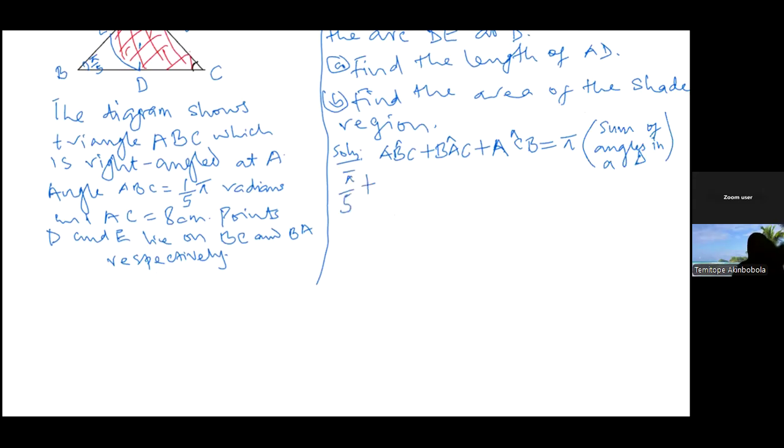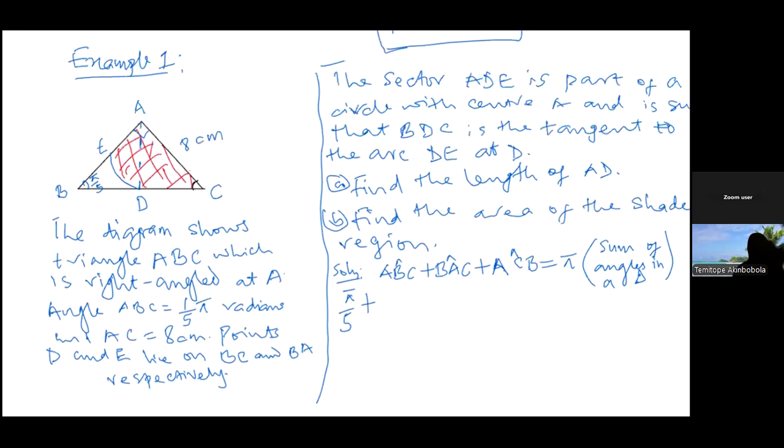From the diagram, you have been told that angle BAC is 90. This angle here, 90. So that's angle BAC, so plus pi over 2.